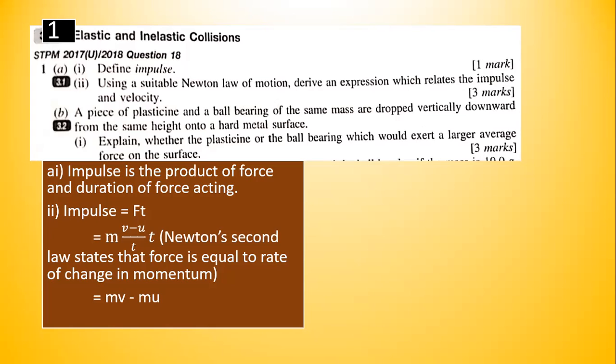So when you drop them, there's going to be air resistance. For the ball bearing, the volume is smaller, so air resistance is negligible. Whereas plasticine, the volume is bigger, so it's more significant.